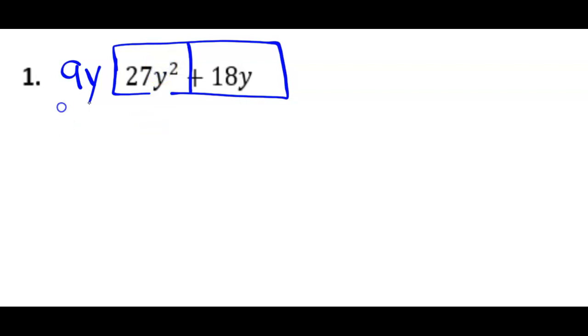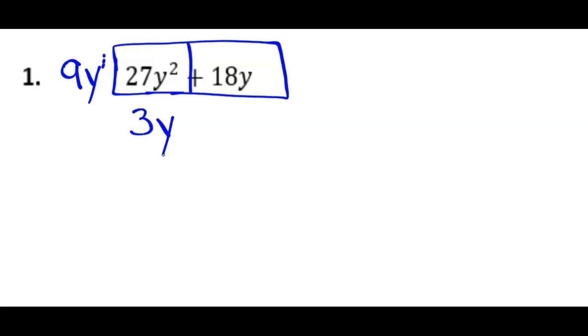So instead, here we're dividing 27y squared by 9y. So we know from our division rules in chapter 8 that I'm going to divide my two numbers. So 27 divided by 9 is 3. And I know from chapter 8 that when I have a y to the 1 and a y squared, I'm going to subtract my exponents, and I'm going to get y to the 1.